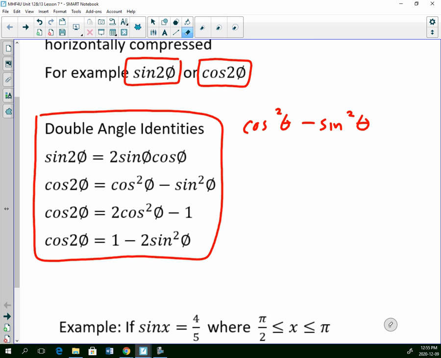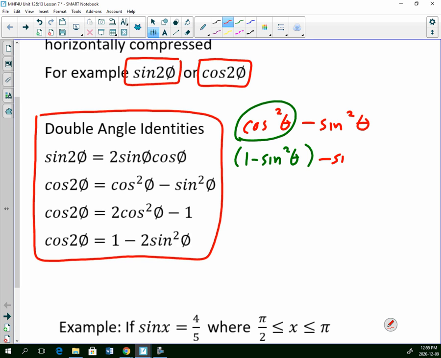But we could also replace this with 1 minus sine squared theta because we know that's true. So that gives me the second version of a double angle. So it could equal cos squared theta minus sine squared theta.